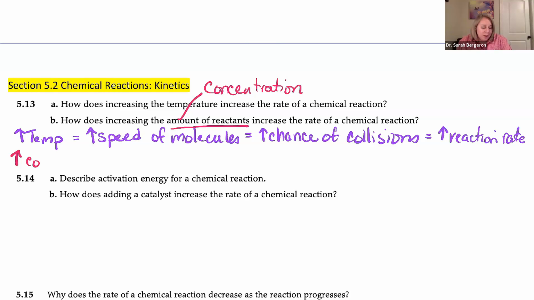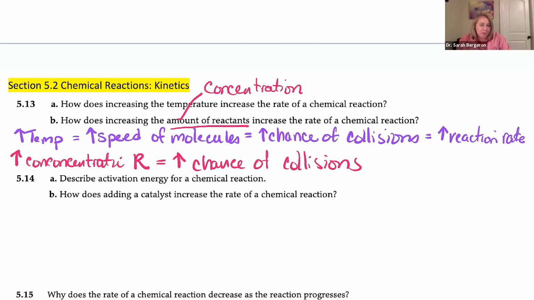So if we increase the concentration of our, I'm just going to put R for reactants, what's that going to do? Well, the more reactant molecules we have, that's more molecules, we're going to increase our chance of collisions. It's all about collisions. And that is going to increase our reaction rate.